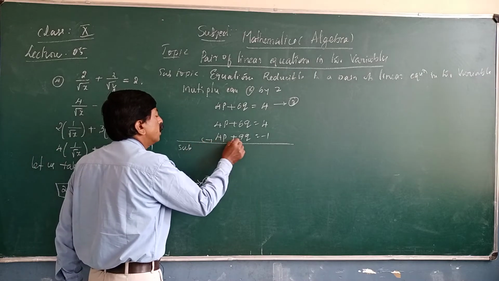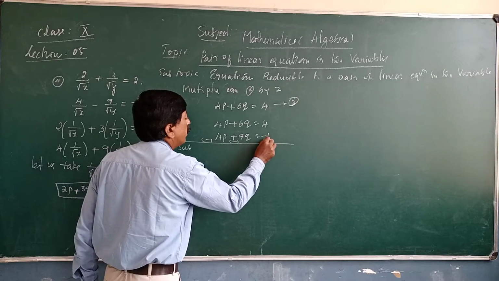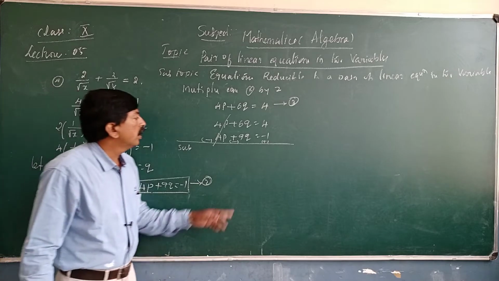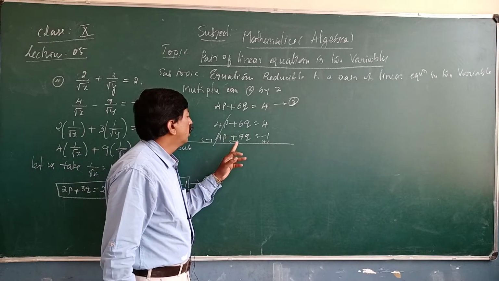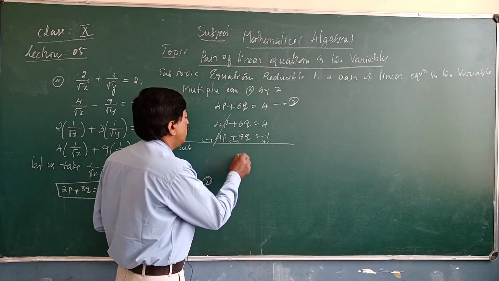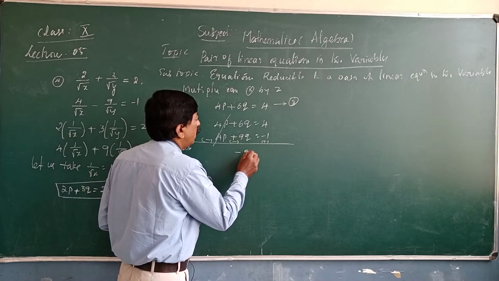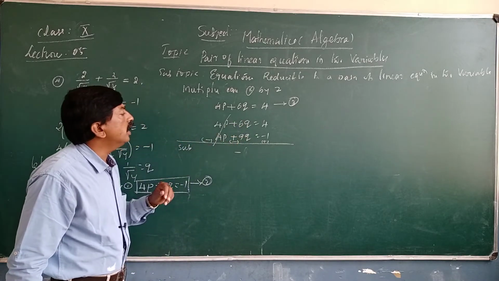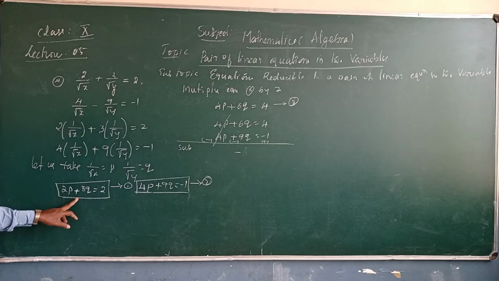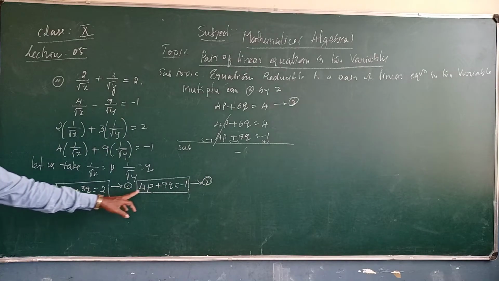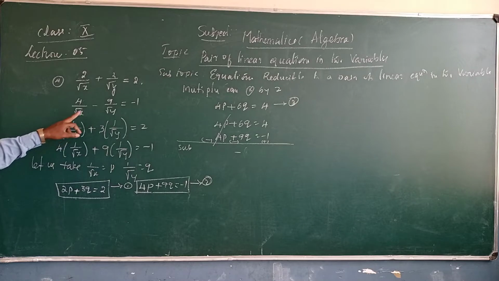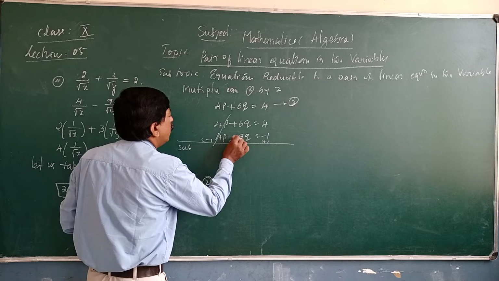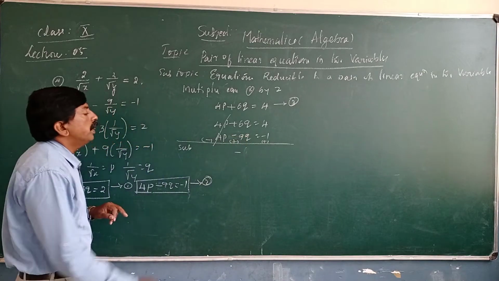Minus will become plus. 4p minus 4p is cancelled. 6q minus 9q, observe here, 6q and 9q. The 9q has a positive sign, and subtracting makes it minus, therefore it will become plus.